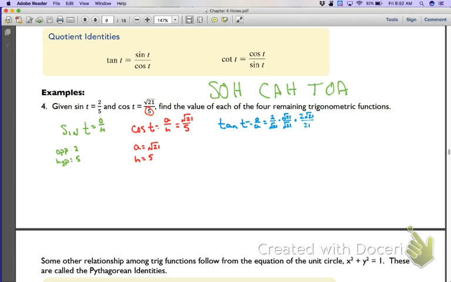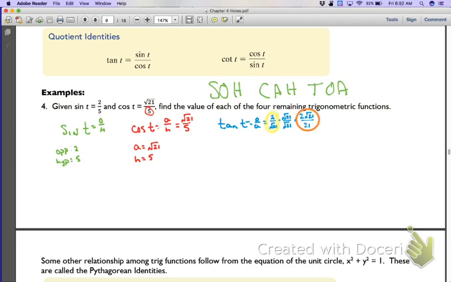Now, the one thing that I would suggest, whenever you're doing the sister functions, so cosecant or secant or cotangent, especially for cotangent, is to use this as the one that is going to get flipped and have the reciprocal, because there's no need to flip 2 times the square root of 21 over 21 and make it 21 over 2 times the square root of 21, because that just means I'm going to have to rationalize it.